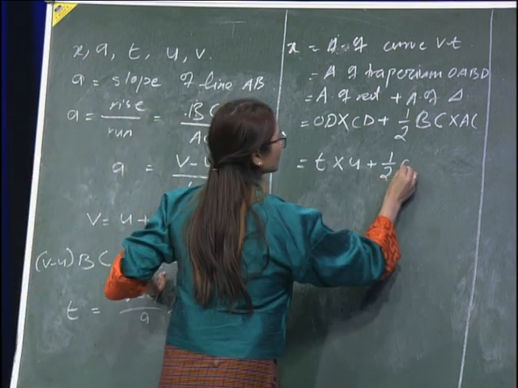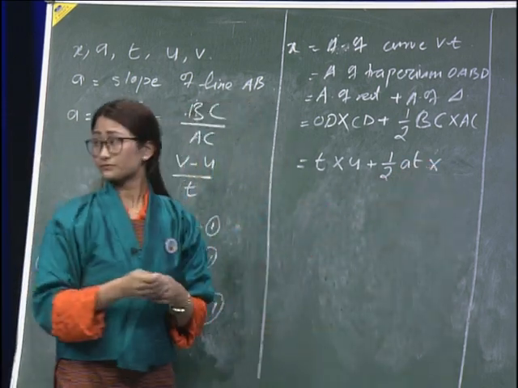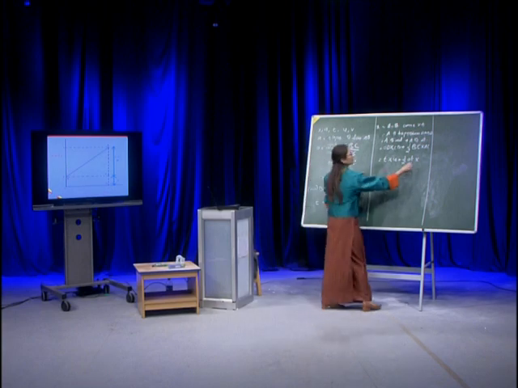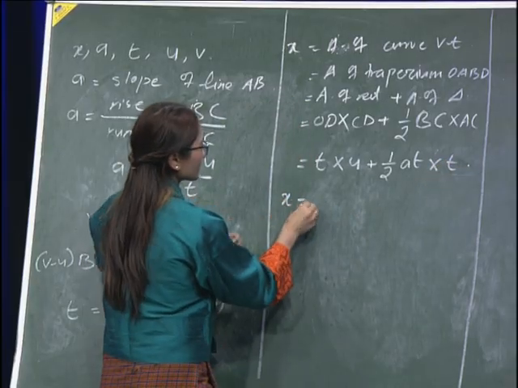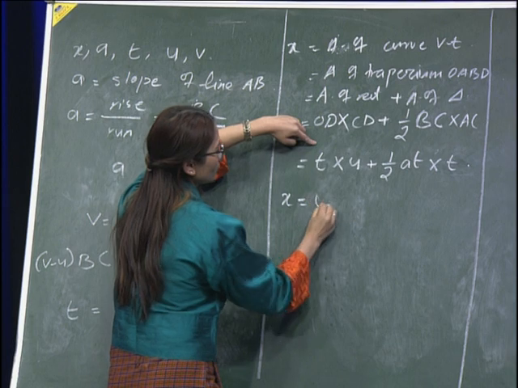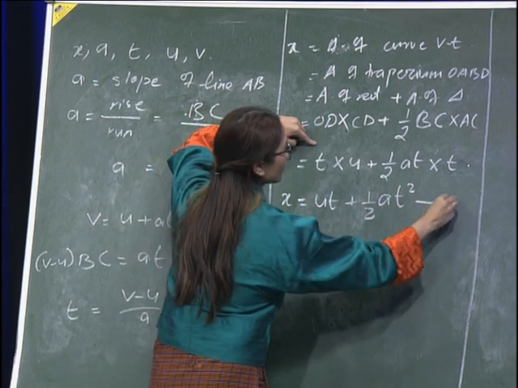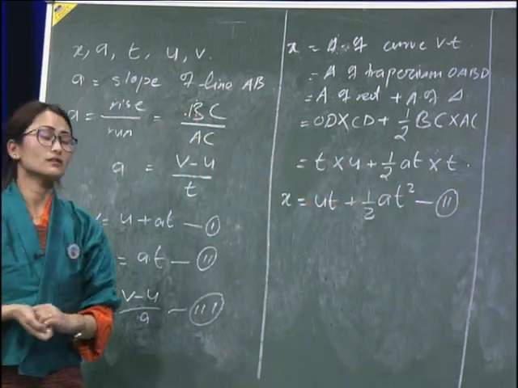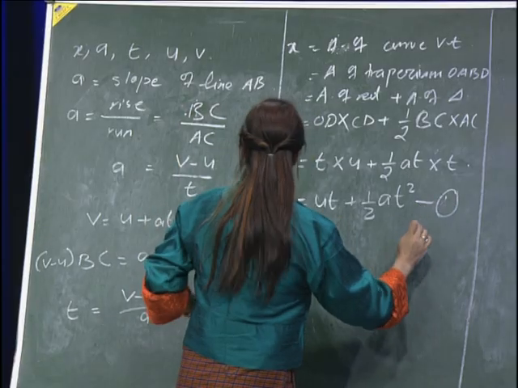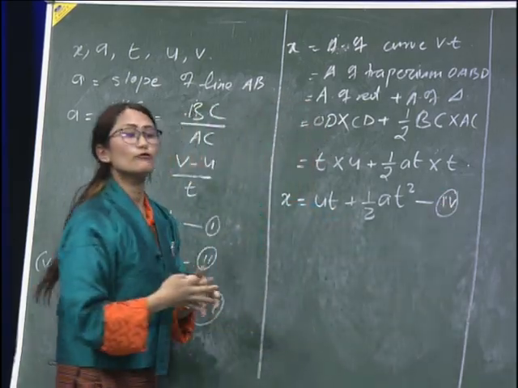So, BC is AT times our AC, which is T. So, we will get x equals, just rearranging, UT plus half AT square, which is our second kinematic equation. So, let us keep this as equation number 4.